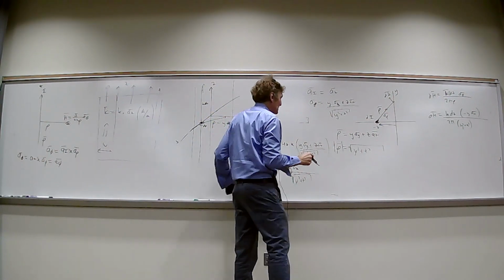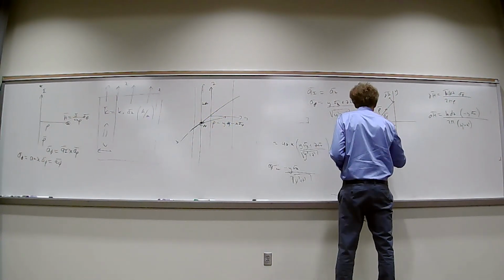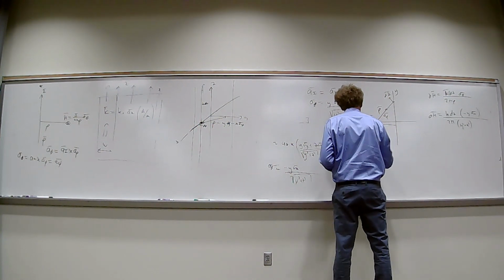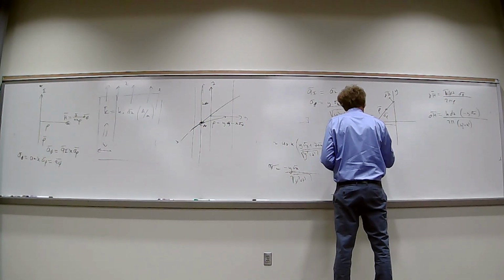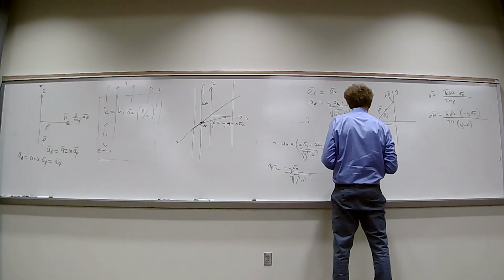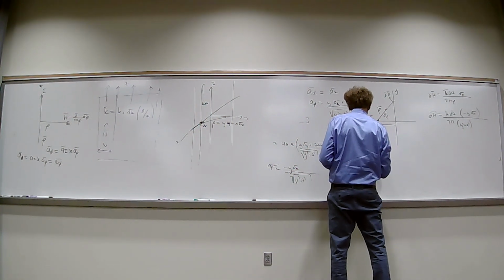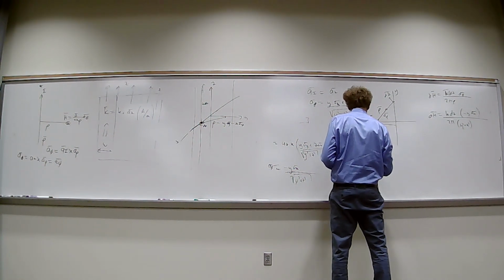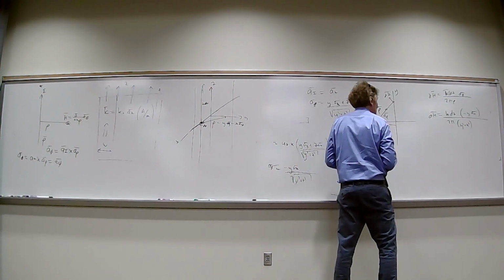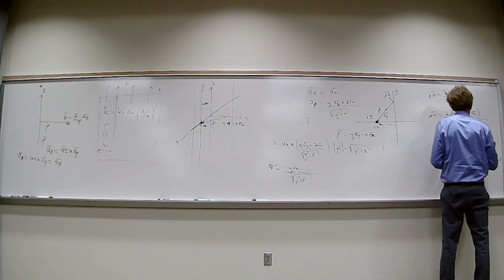So when I do my cross product, this should actually be minus x ax. And that means this is going to be, and this is going to be x squared.